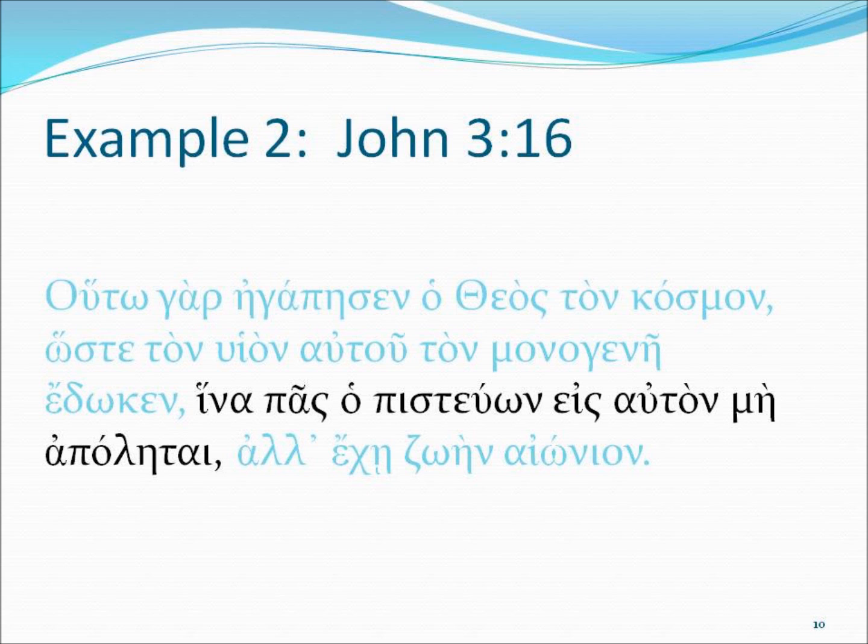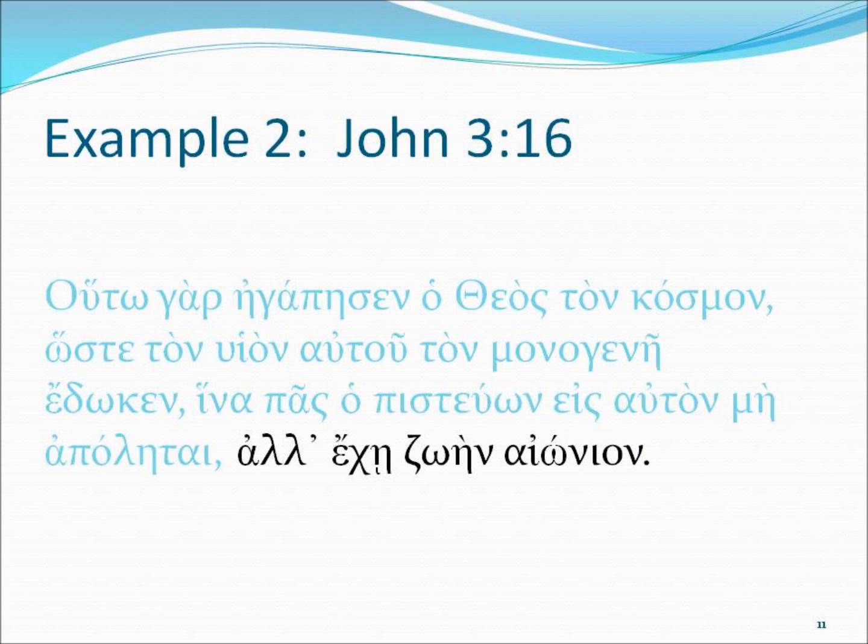Notice the diphthongs there. Last cluster. All', echē, zōēn, aiōnion. Don't confuse the last set of vowels in that last word as a diphthong. It is not. It is aiōnion.